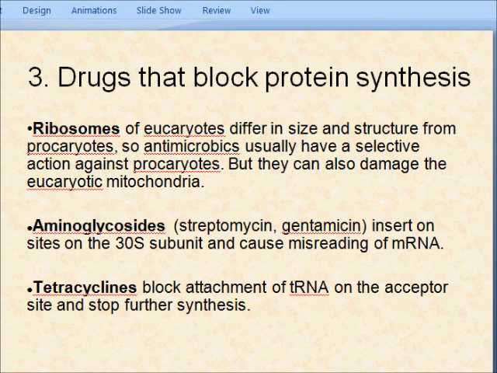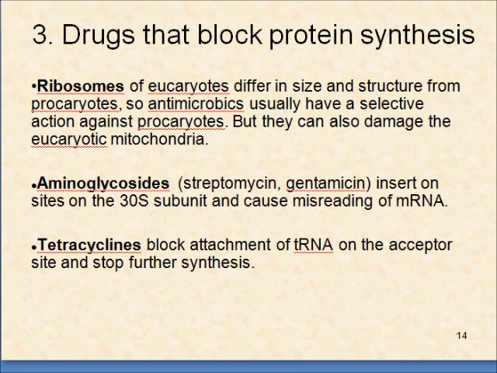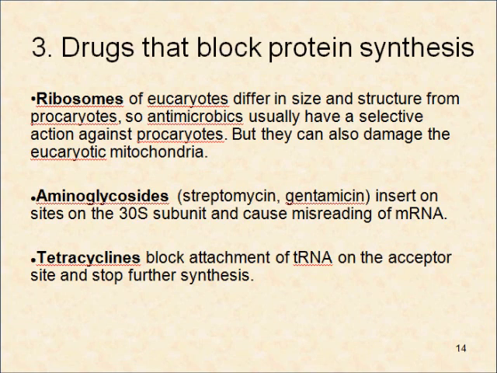There are a number of drugs that block protein synthesis. Ribosomes of eukaryotic cells differ in size and structure from prokaryotes, so antimicrobics usually have a selective action against prokaryotes. They can also damage the eukaryotic mitochondria, though.